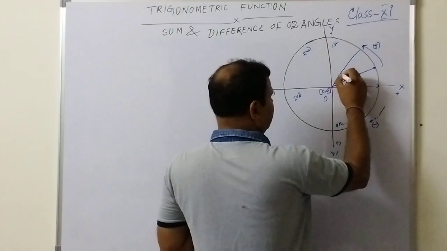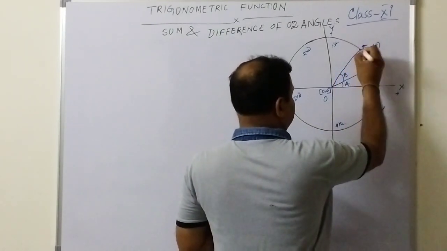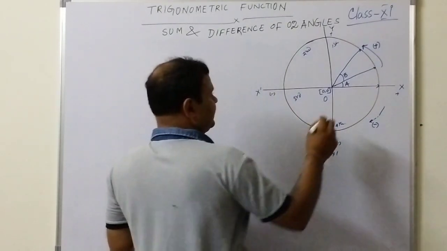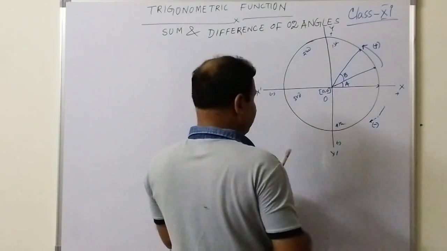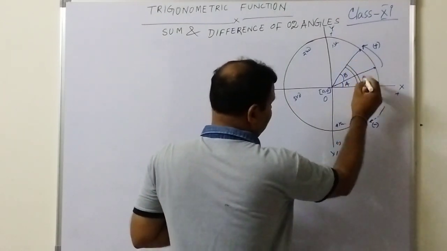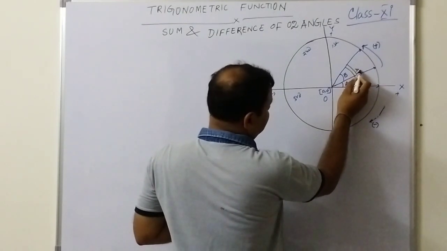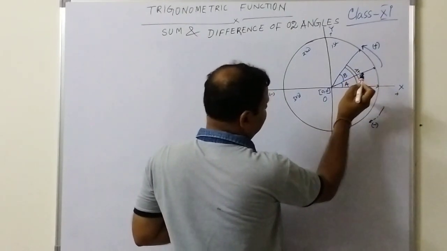Suppose this is angle B. Now we have to find the values for angle A plus B, and this angle will be A plus B, right? This is A plus B, the total angle.